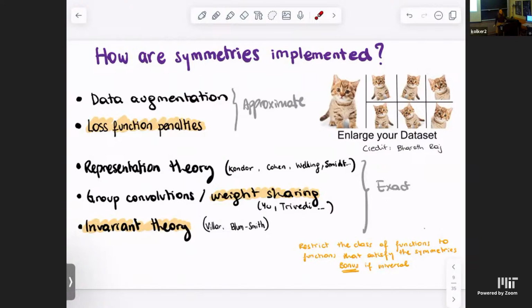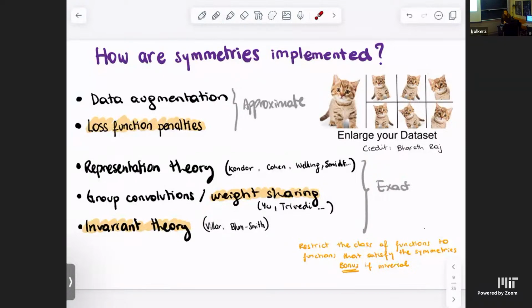So as I said before, how are symmetries implemented? There are exact symmetries that are implemented using techniques from either representation theory, group convolutions, or invariant theory. I'm going to explain how we can use weight sharing, which is basically what people do in graph networks, and invariant theory. I'm not going to get into the representation theory, but you have experts like Tess that work in implementing equivariant machine learning using representation theory. And also in practice, people implement symmetries using approximate symmetries, not exact symmetries.